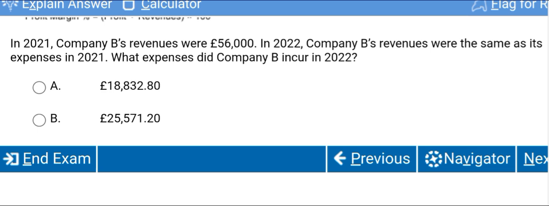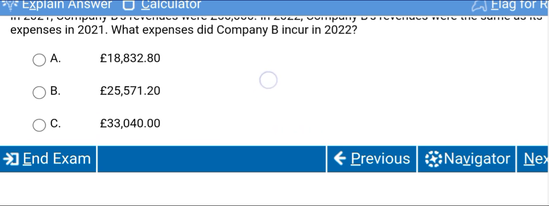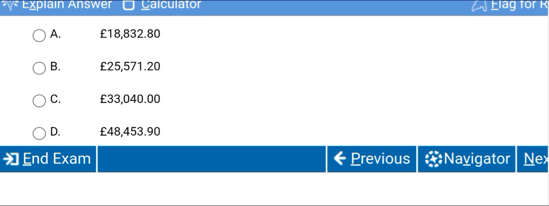So option A we have is 18,832.80 pounds. Option B is 25,571.20 pounds. Option C is 33,040 pounds.